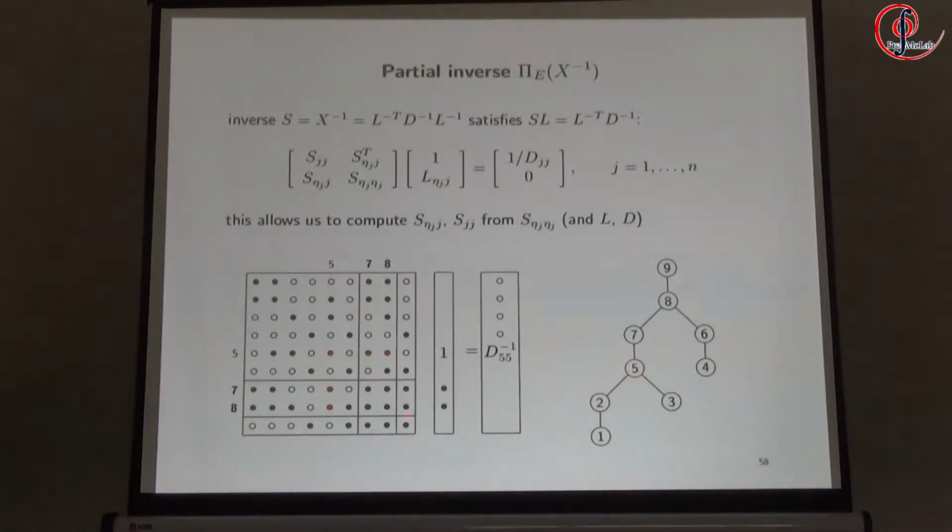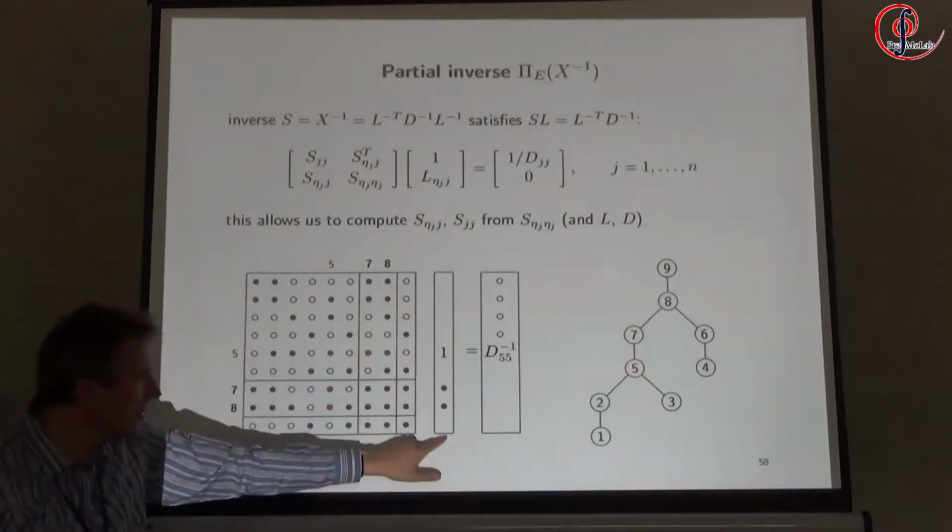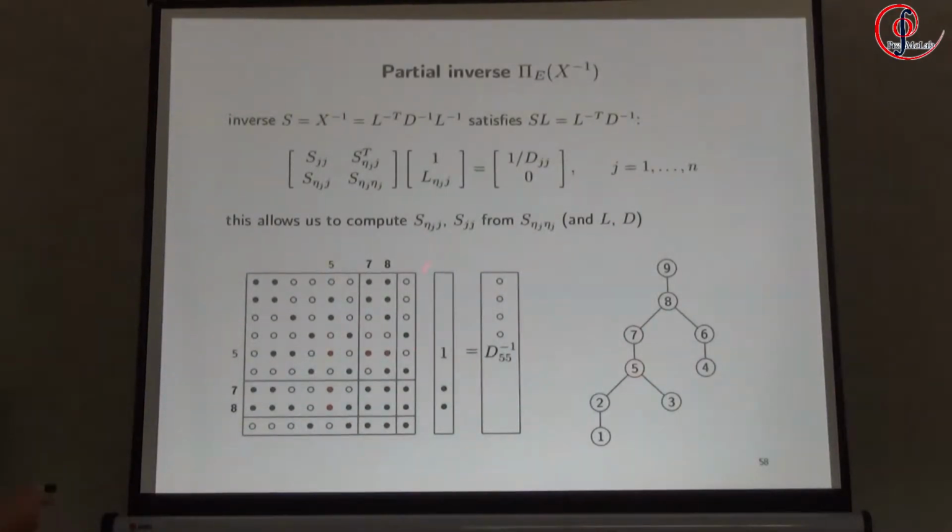So if this is x inverse, and we write this equation, S times L equals L minus T times D inverse, for column, in this case, column 5. Column 5 of L is a column of a unit lower triangular matrix. So it has a 1 on the diagonal, and then non-zeros in these positions, what we call eta j, because by definition that's just the non-zero positions of column j.